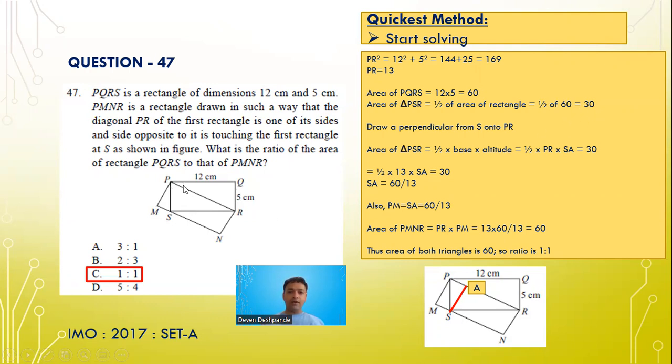Now draw a perpendicular SA upon PR. When you draw a perpendicular SA upon PR, the area of PSR is half of base PR into altitude, which is SA, isn't it? So again, what is PR?